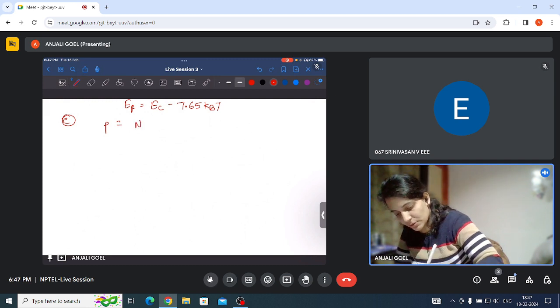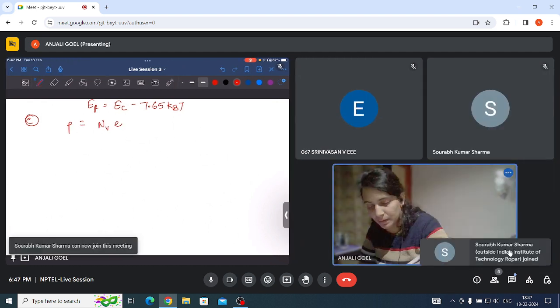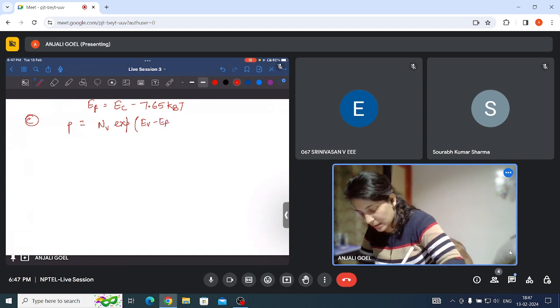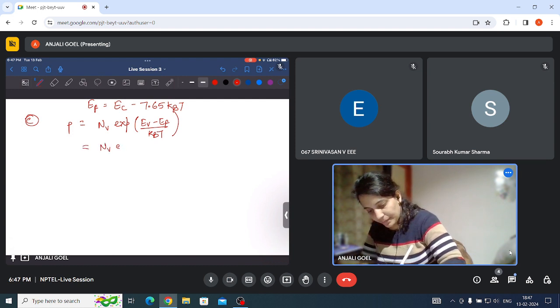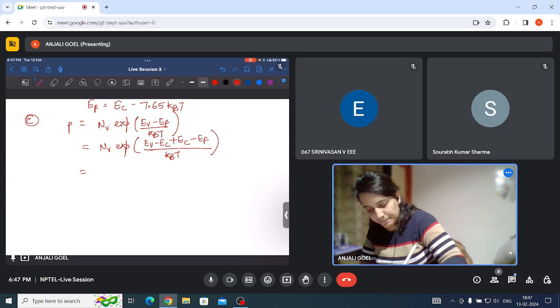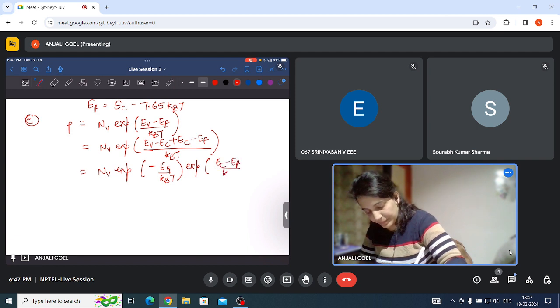Okay, so P is equals to NV exponential EV minus EF by kBT, which is EV minus EC plus EC minus EF by kBT, giving minus EG by kBT.